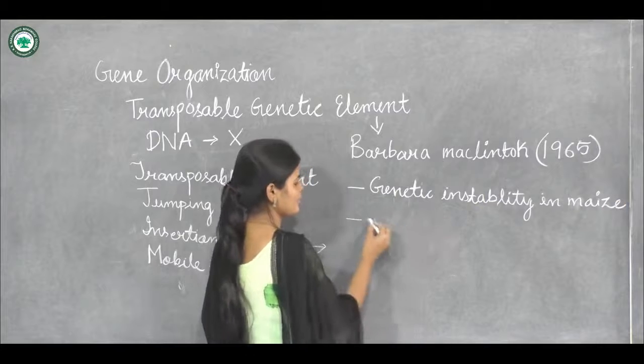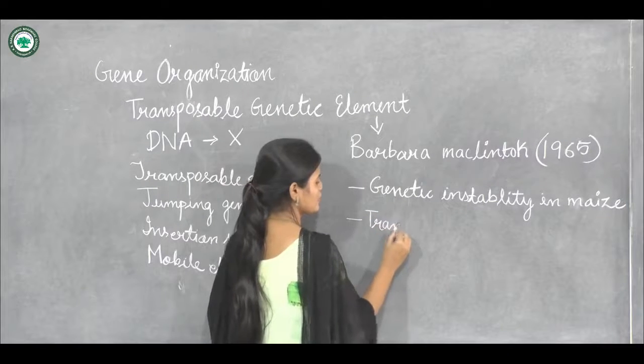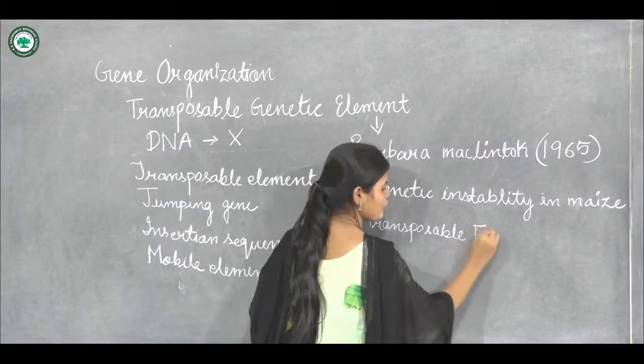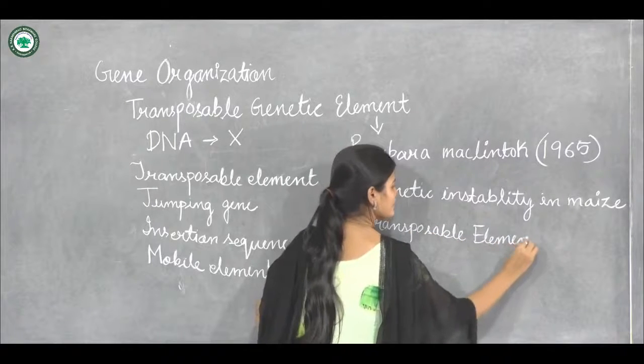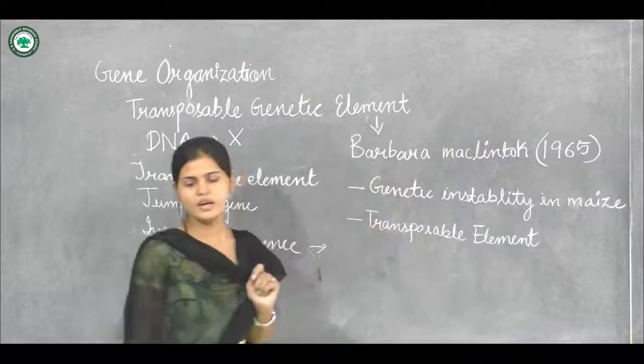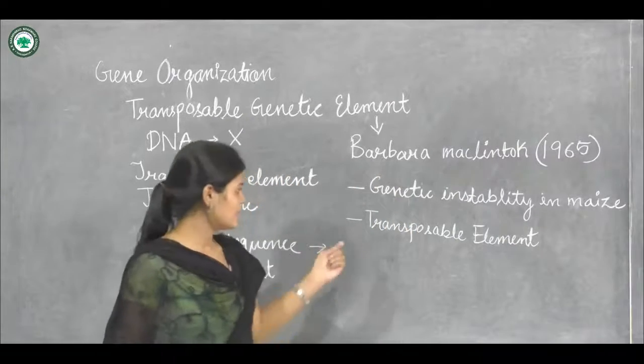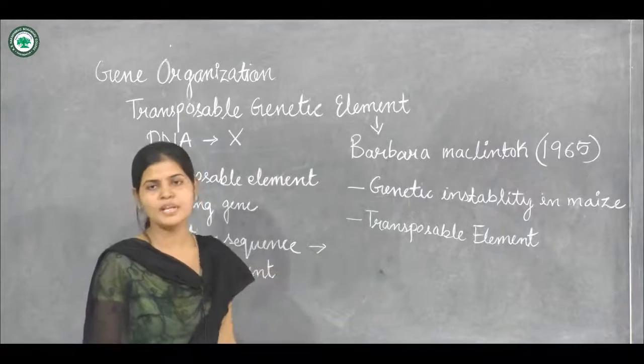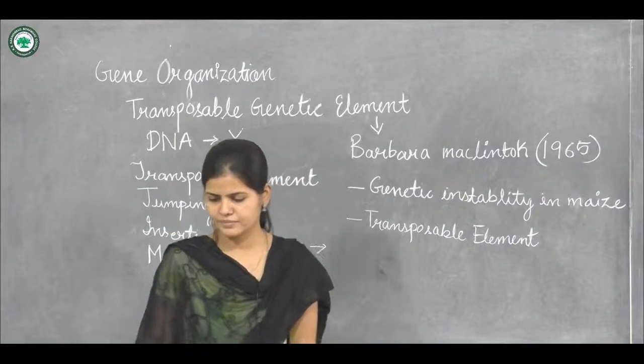This is due to the presence of transposable elements in the maize, and this instability occurs at the site where transposable elements are located.